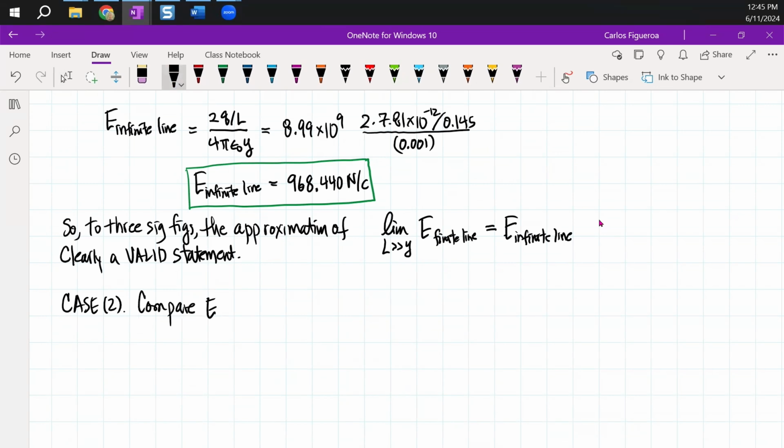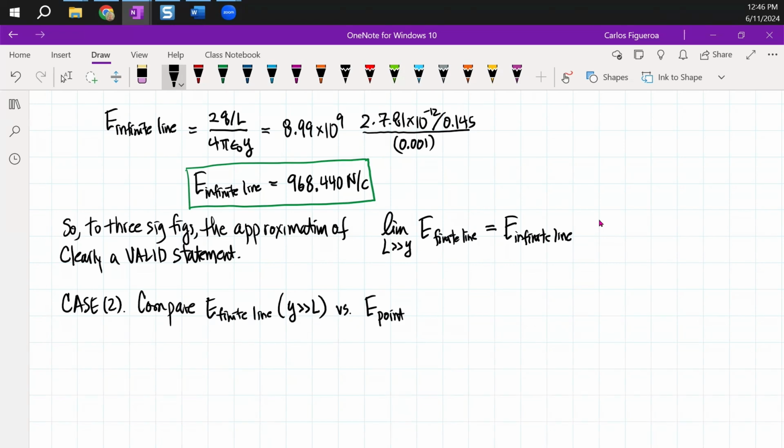So we want to compare the field of a finite line, and in this situation, we're picking y to be much, much larger than L, versus the field of a point.